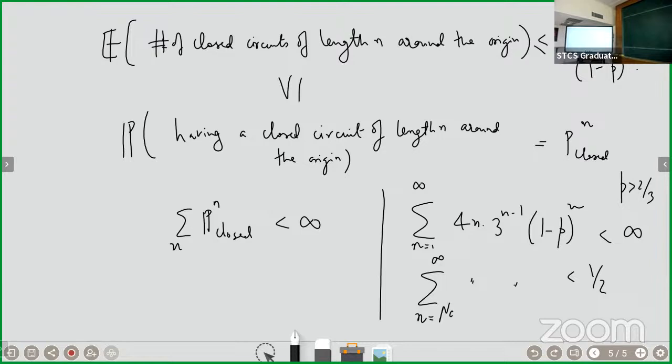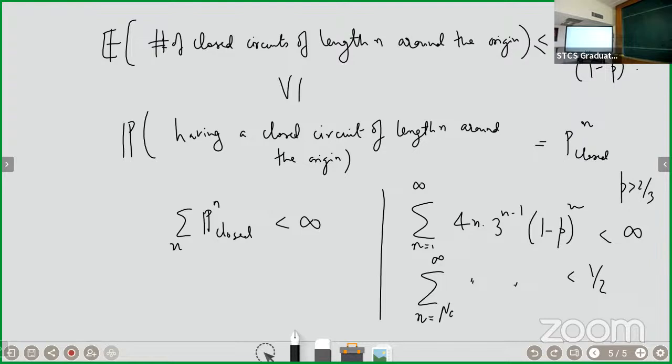All we're trying to bound is the probability that there exists a closed circuit of any length. This so far is clear.